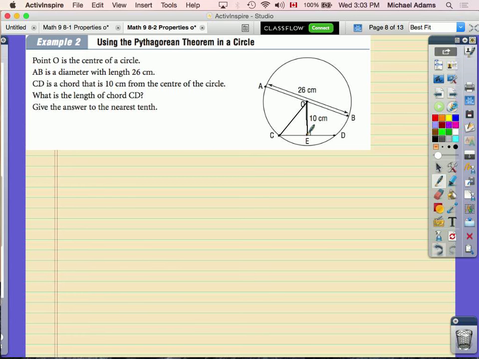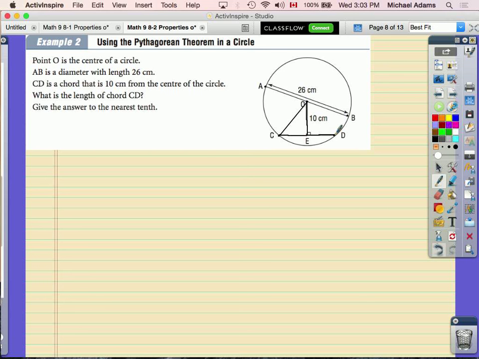It's not saying that CD has a length of 10 centimeters. It just means that it's 10 centimeters away from the center. Now the question asks, what is the length of chord CD? So here's chord CD. We want to know what is the entire length of that chord. Give the answer to the nearest tenth.